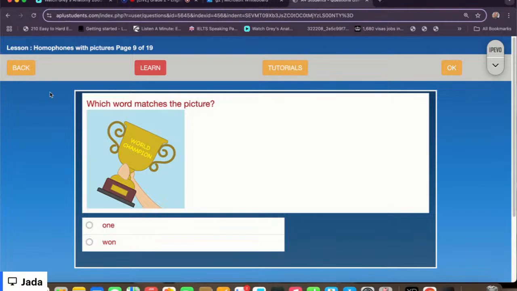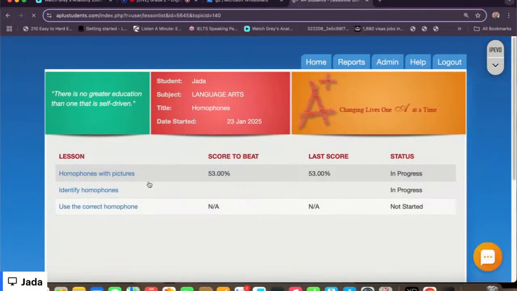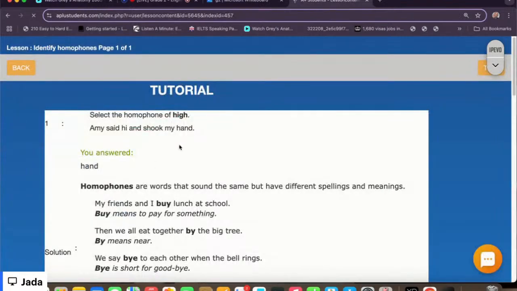All right. So that's it for this part, homophones with pictures. We'll move on to the next one, which is identify homophones. So you have to be able to identify them.